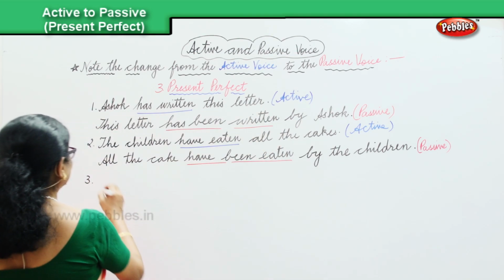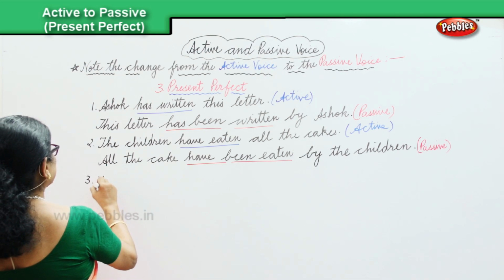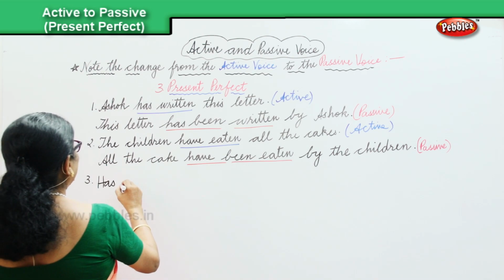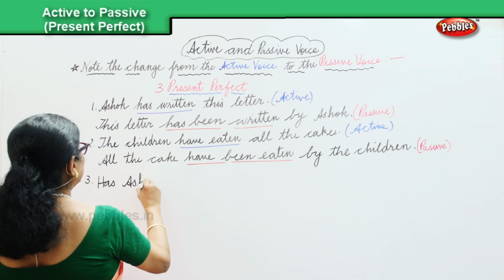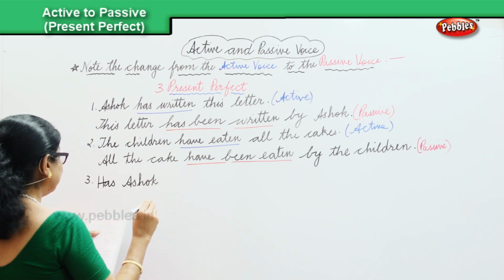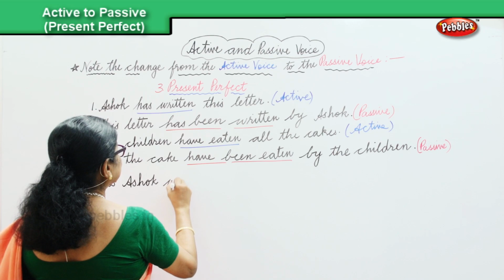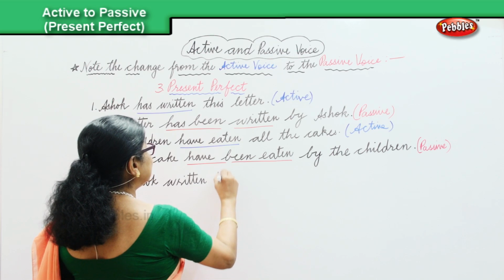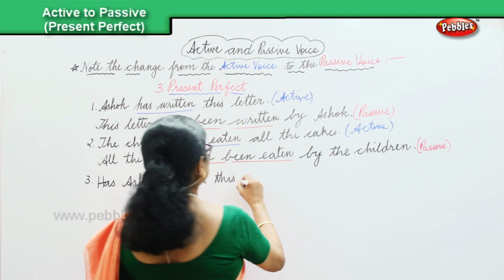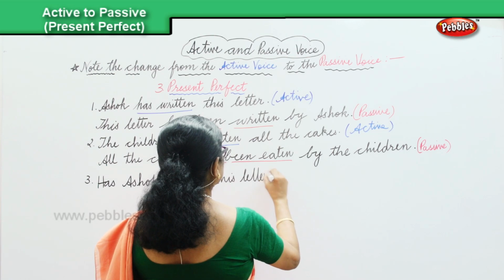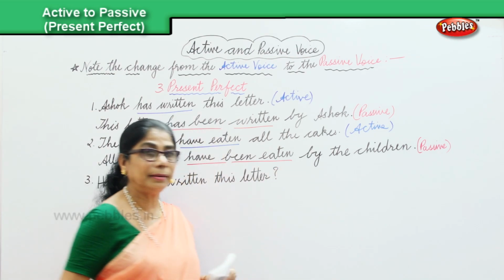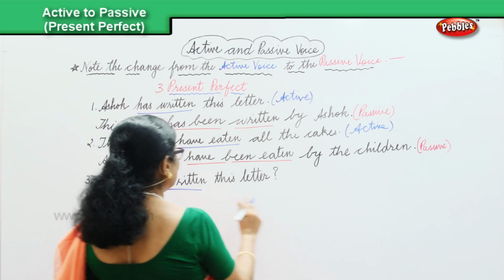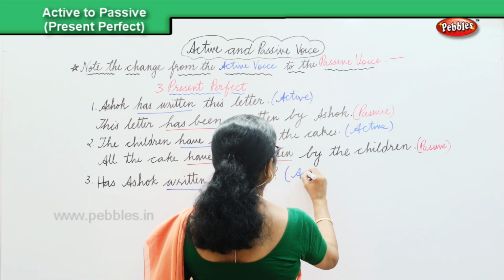Has Ashok written this letter? That's the active one. Okay? Written. Has Ashok written this letter? Active.